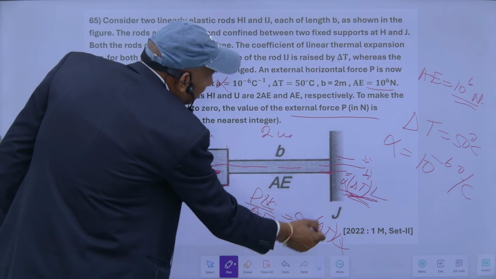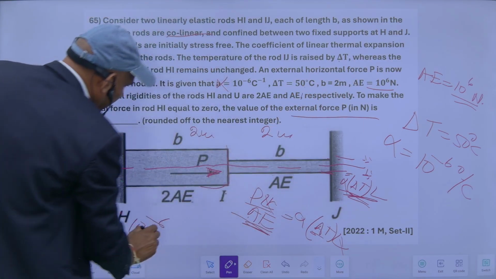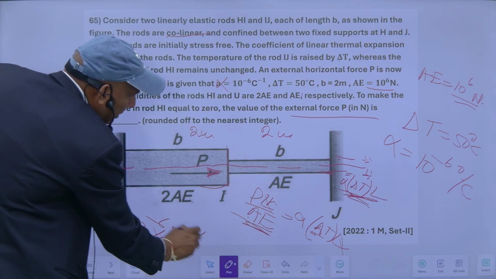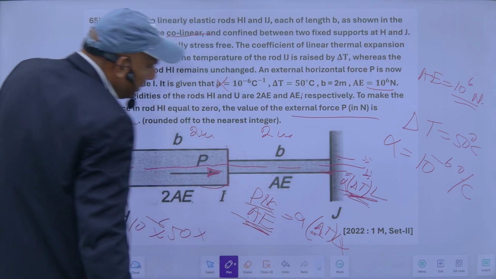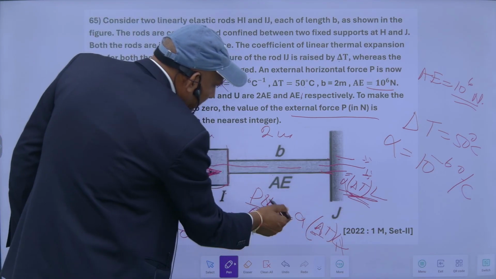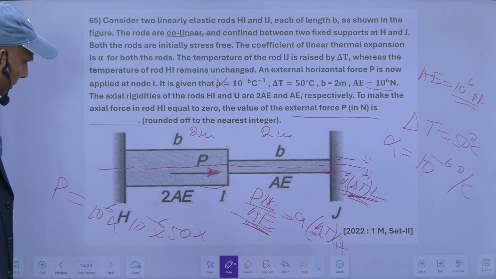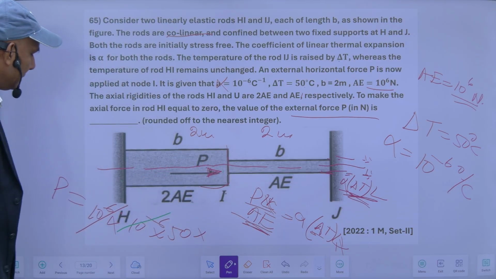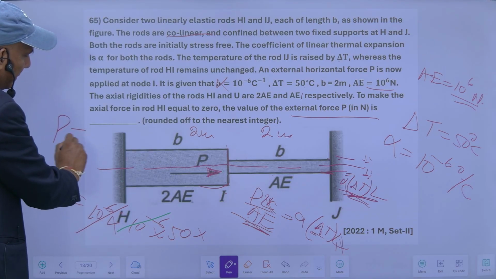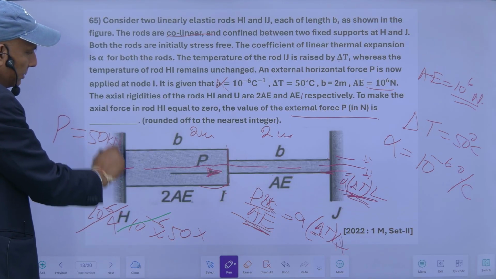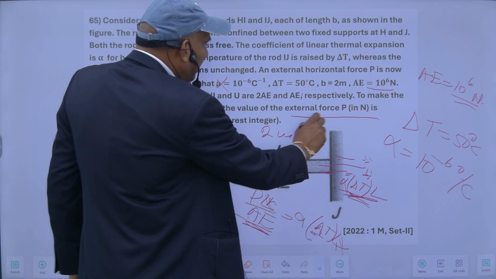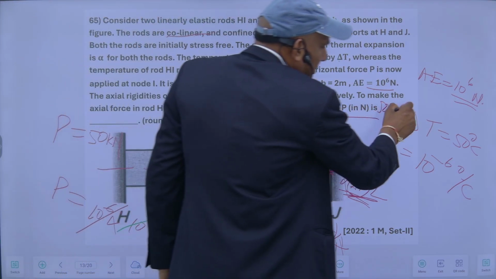And temperature change is 50 degree. L already cancelled. This is alpha into T into this one. So this and this will cancel each other. So P will be 50 kilonewton.